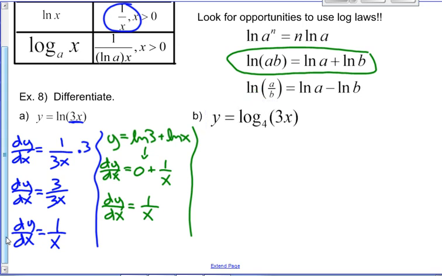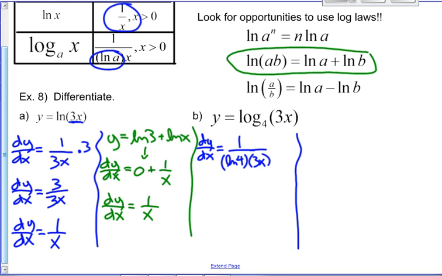Let's try this next one. We'll do it without using log laws, and then we'll do it with. Okay, so dy by dx, this has a different base, so that's when we use this business. So we'll have 1 over ln 4 times 3x. And that will be multiplied by the derivative of the inner, which is 3.